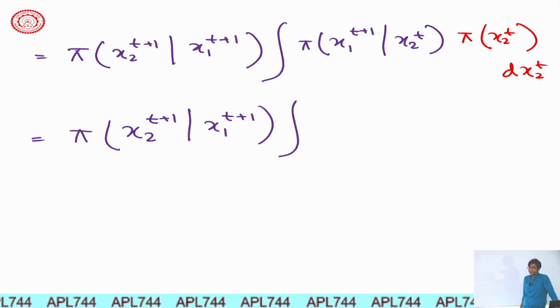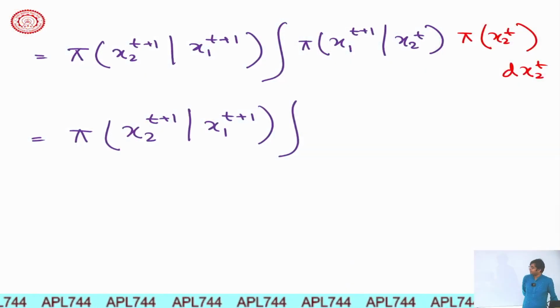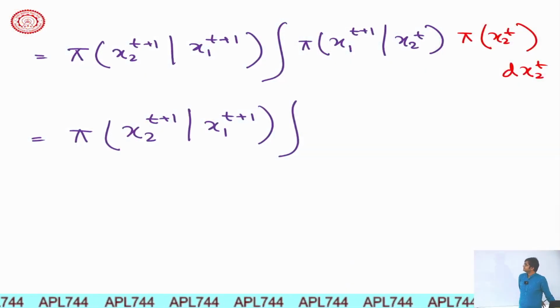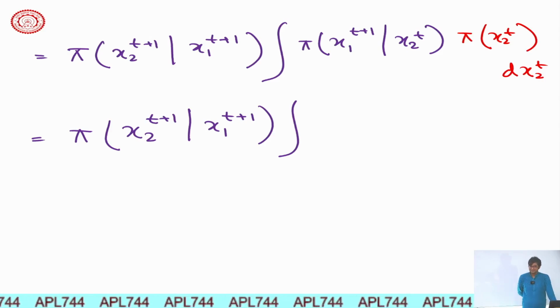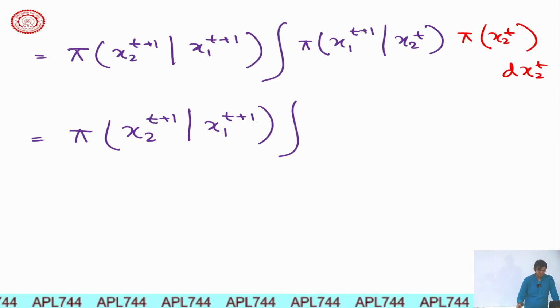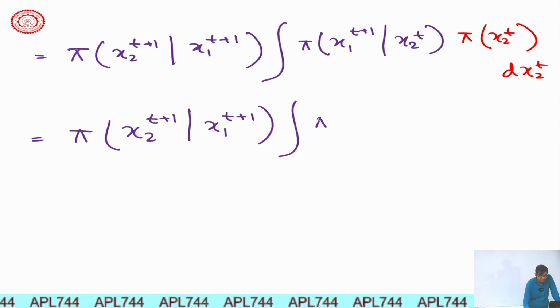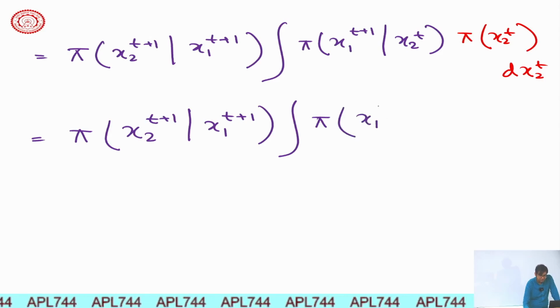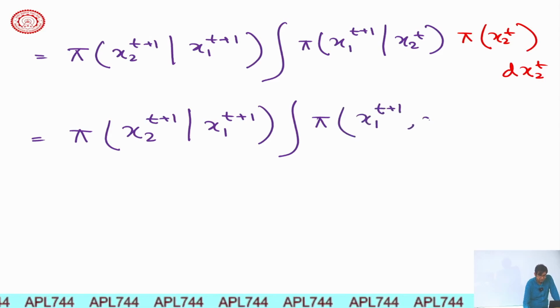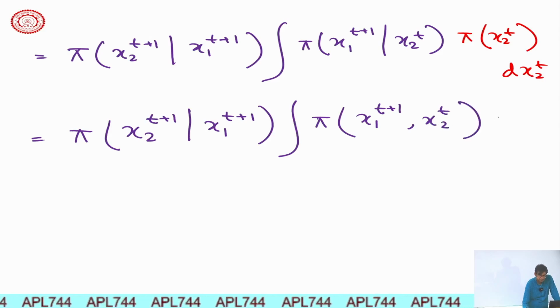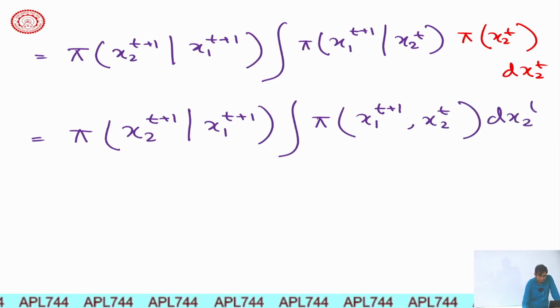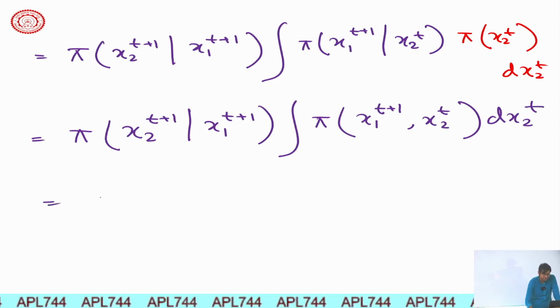What is the term? The two terms inside, if I do a product, what will I get? x1 t plus 1 comma x2 t, product law, pi of x1 t plus 1 comma x2 t d of x2 t. So now you tell me what is that integral equal to?